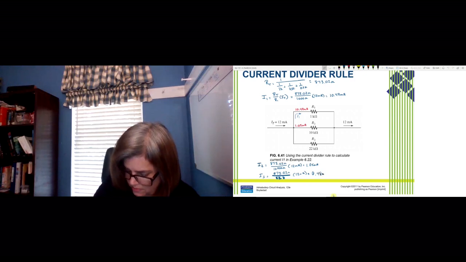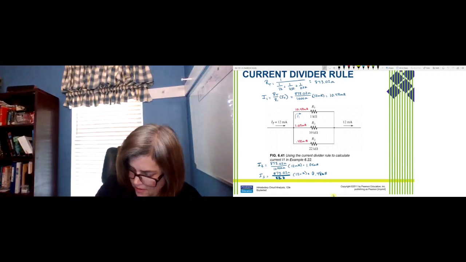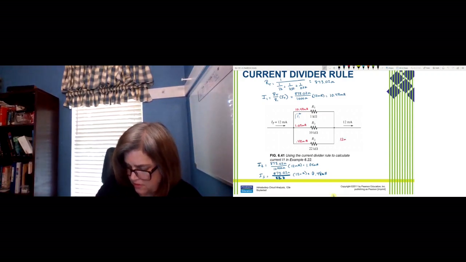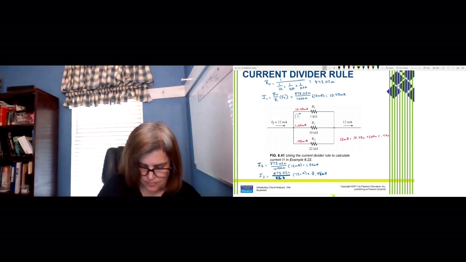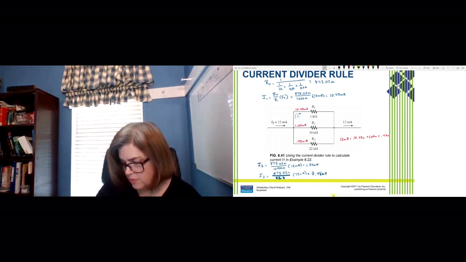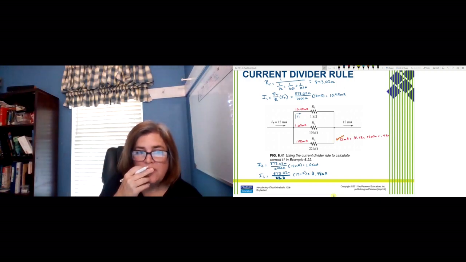So just a little bit of current there. Now, remember the 12 milliamps should equal the 10.48 plus 1.05 plus 0.48. And it's very close. It's like 12.01, probably because of my rounding.